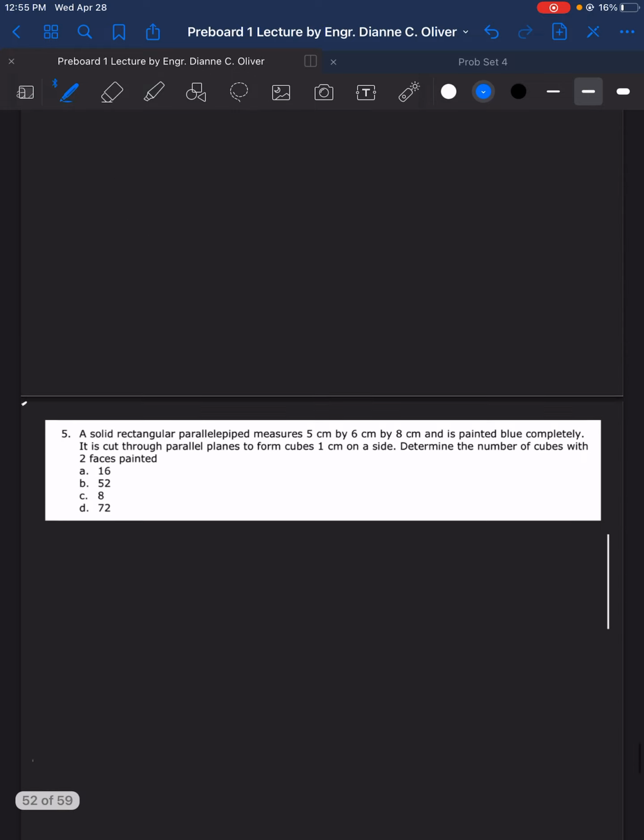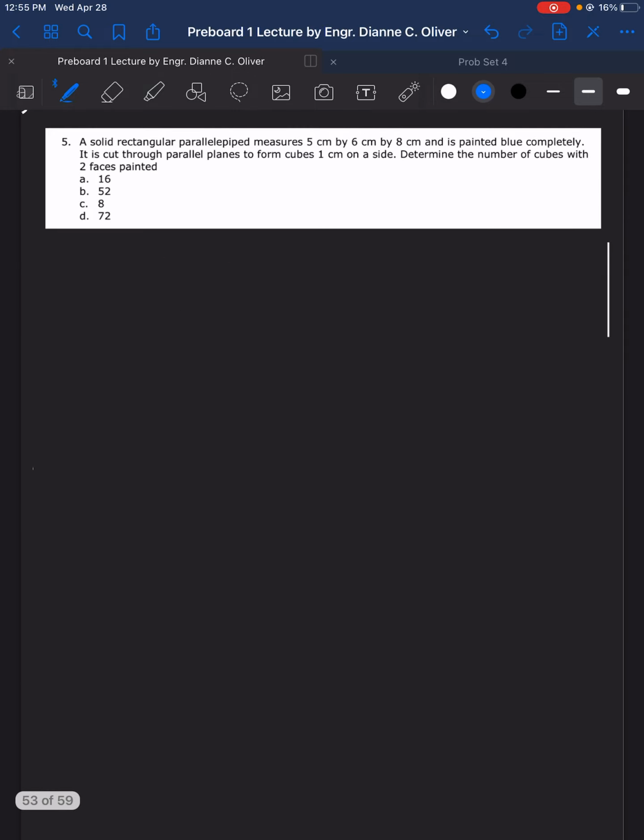And now let's go to number 5. A solid rectangular parallelepiped measures 5 centimeters by 6 centimeters by 8 centimeters and is painted blue completely. It is cut through parallel planes to form cubes, 1 centimeter on a side.